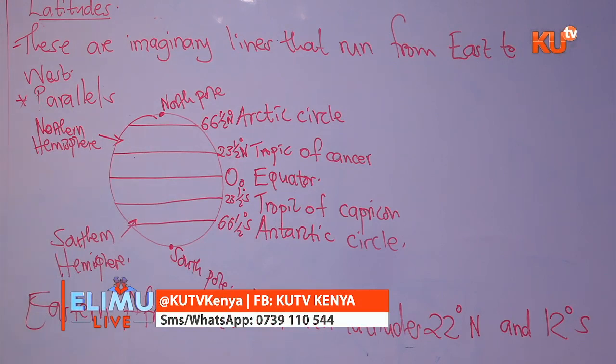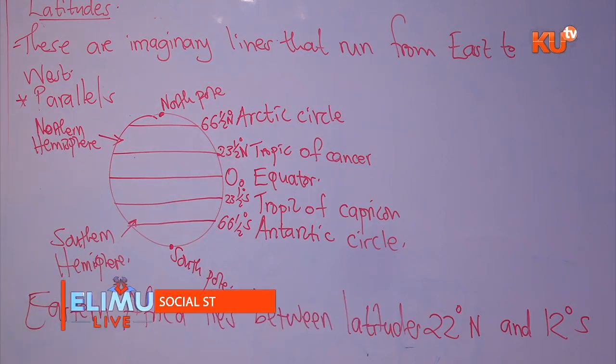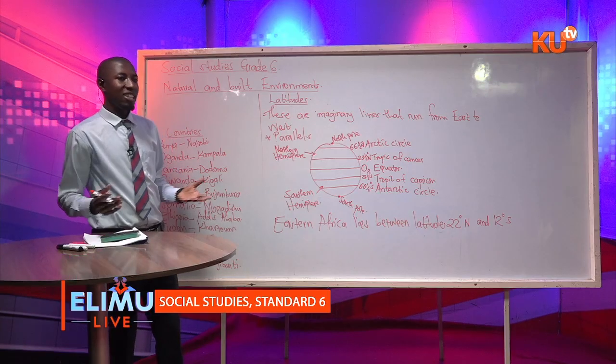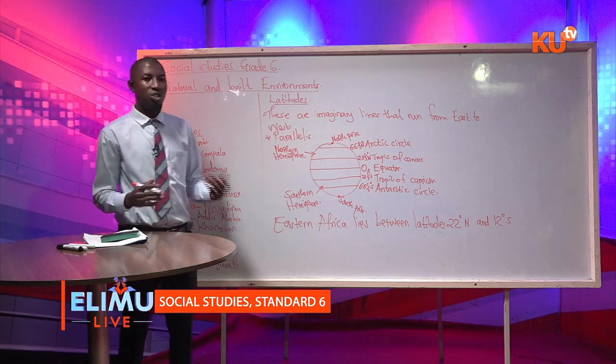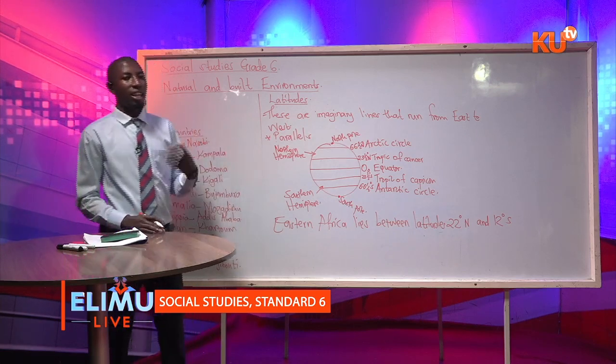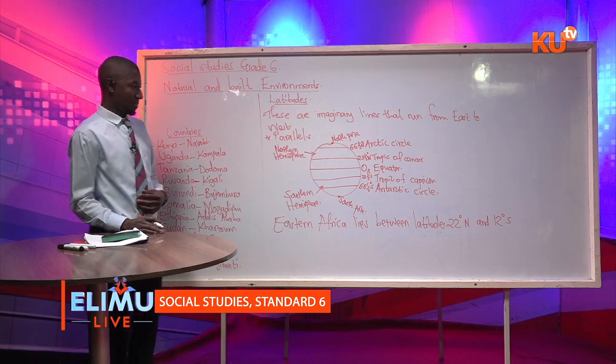The nearer you are to the equator, the warmer it becomes. And that is why our country is a warm country, because we are near the equator, which influences our climate. So we enjoy the equatorial climate in Eastern Africa.